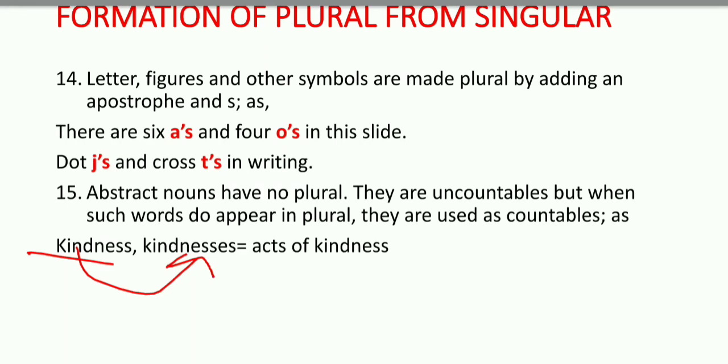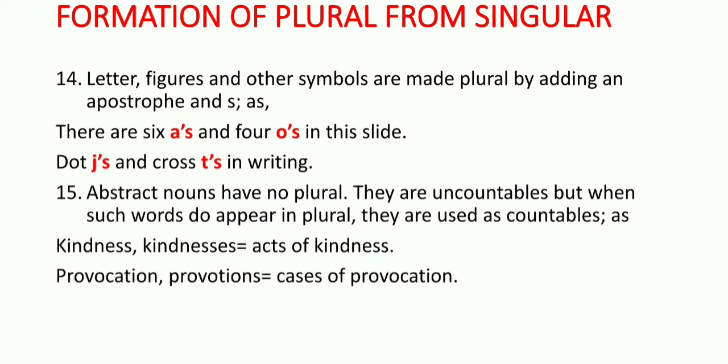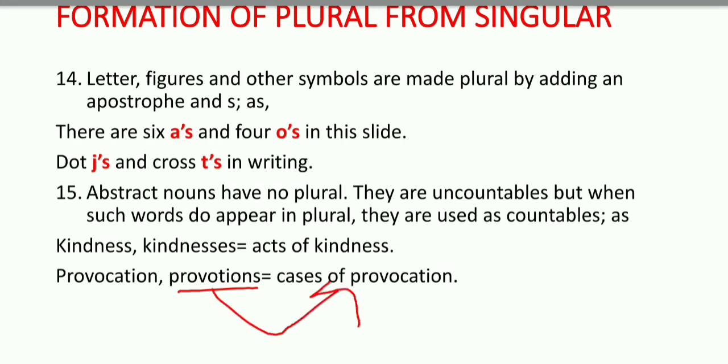So kindnesses would mean acts of kindness. Another example, provocation. Provocation is a singular abstract noun, and if we make it plural, it becomes countable, and it gives the meaning of cases of provocation.